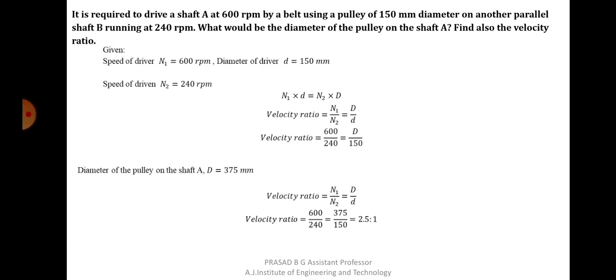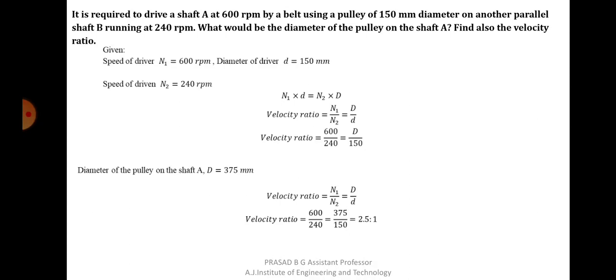Okay, so the diameter of the pulley will be equal to 375 mm. That you can already find out: 600 by 240 into 150. So whatever value you get, that will be the diameter of the pulley on the shaft A. Next, you also know the velocity ratio, because they have asked to find the velocity ratio.